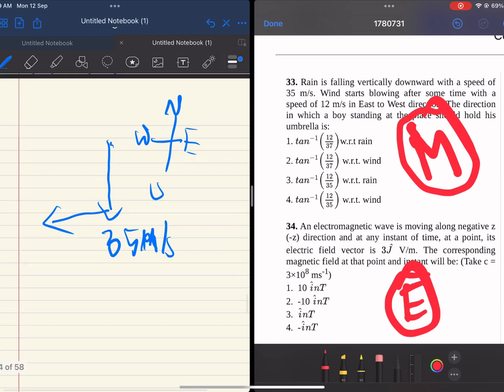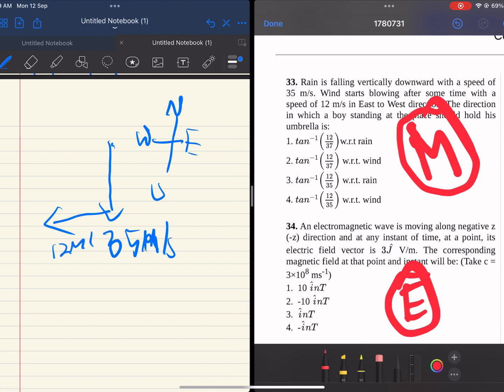So the person holding the umbrella should hold the umbrella opposite to the direction in which the rain is falling. So basically he should hold it at the same angle at which the rain net is making with the vertical. The angle the rain net is making with the vertical, let's call it theta.